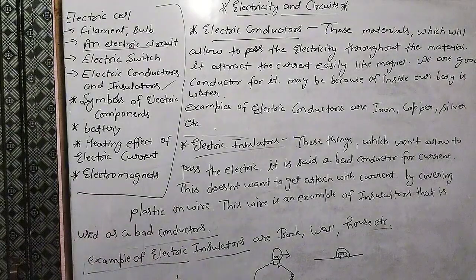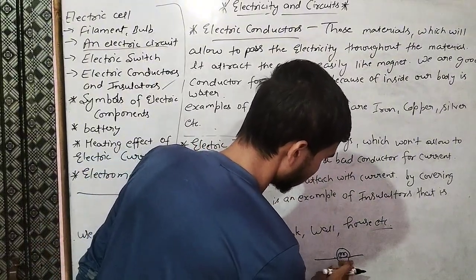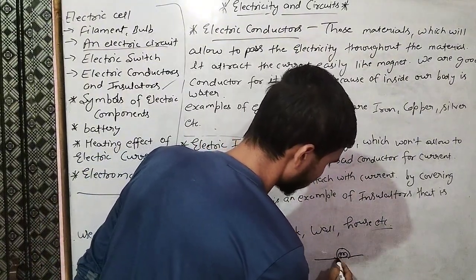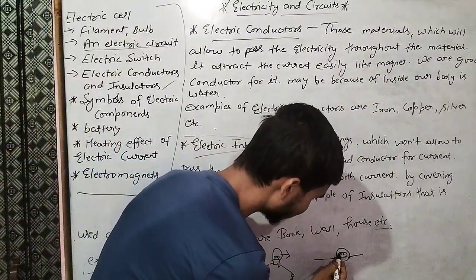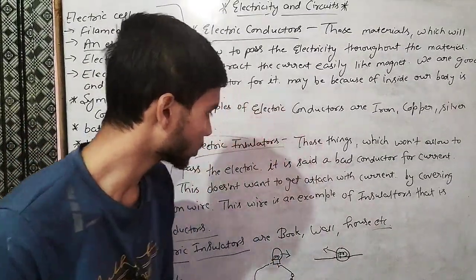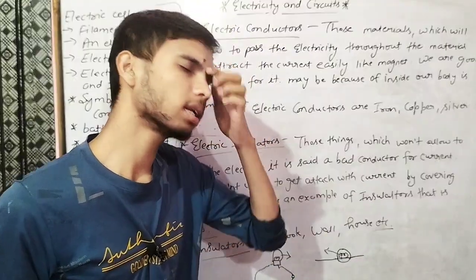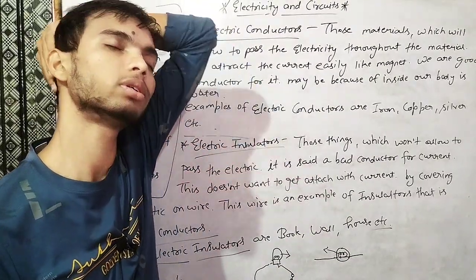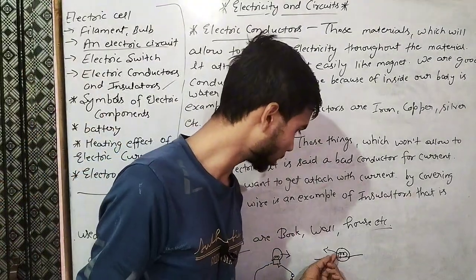Whenever we look at this, this curved wire is the indication of the filament of a bulb.